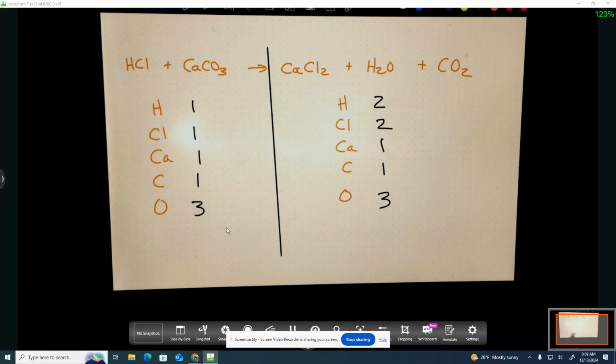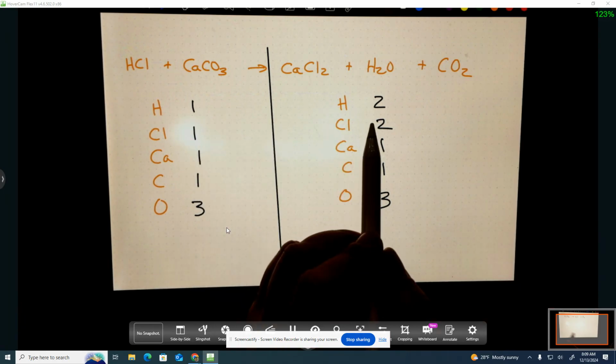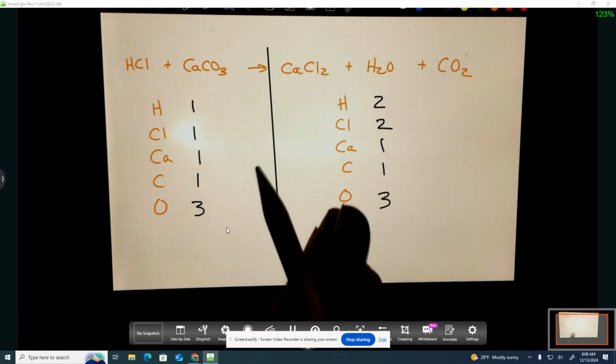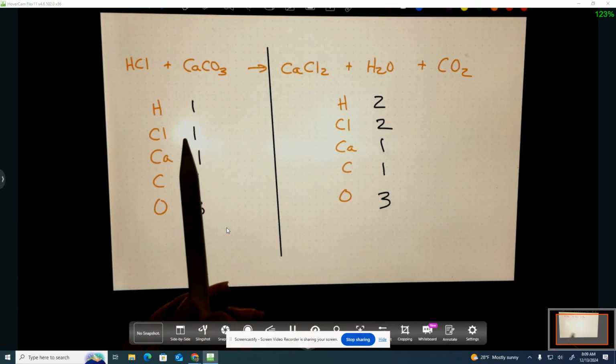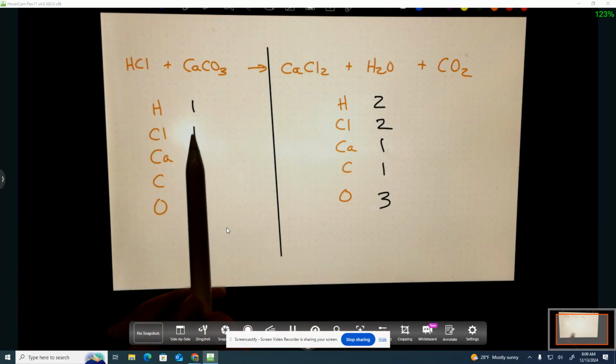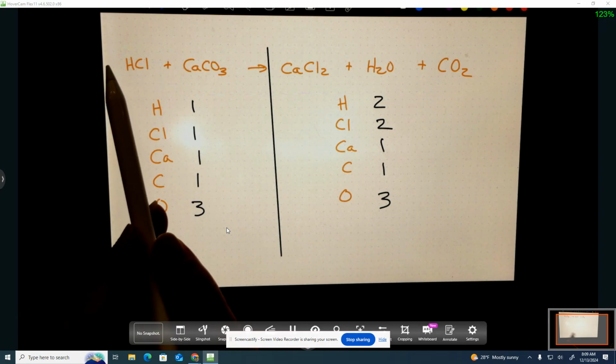Okay. What am I going to do next? You want to do the hydrogens? Doesn't matter in this case. But I would always suggest leaving hydrogens and oxygens to last. Just get in that habit, okay? But it's not going to matter because we're working in front of this HCl right here.